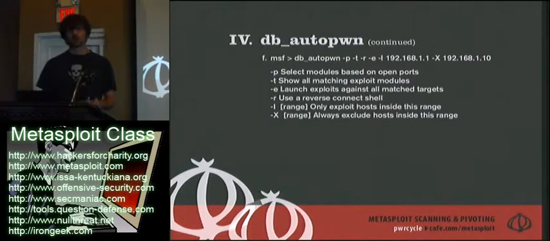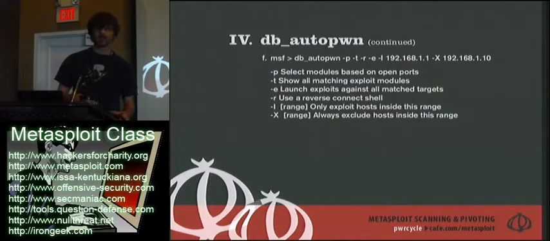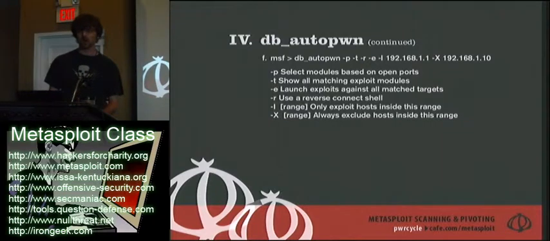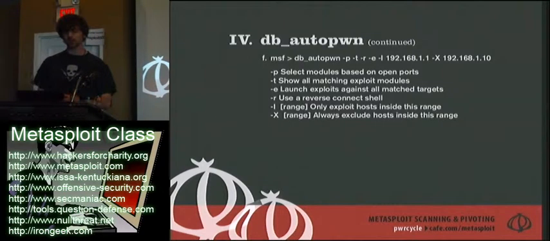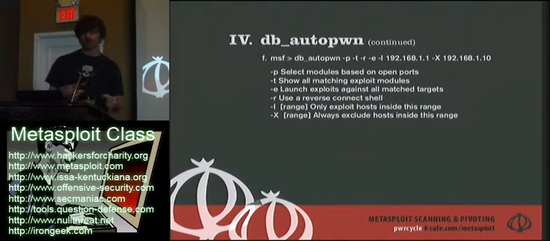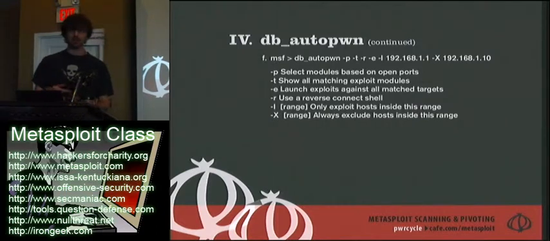Once you've done the scan and you want to exploit the box, this is where db_autopwn comes into play. These are the options: select the vulnerability to scan by the ports that are open, tell you everything that's running, actually exploit it, and then -r is for making a reverse shell connect back to you. -i declares specifically which host you want to exploit.